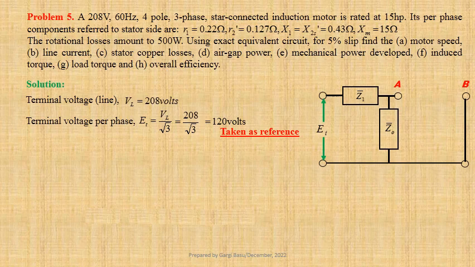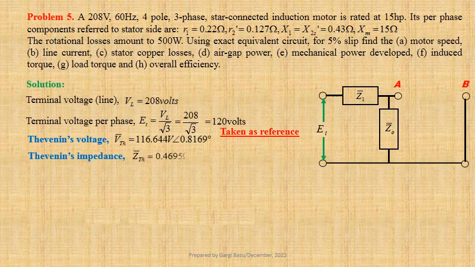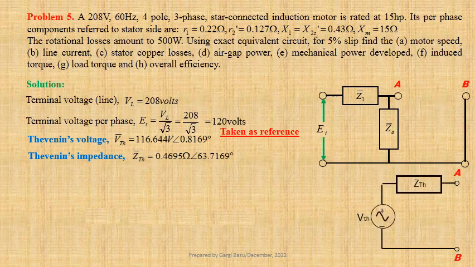We have obtained Thevenin's voltage Vth equals 116.644 volt at an angle 0.8169 degree, and Thevenin's impedance Zth equals 0.4695 ohm at an angle 63.7169 degree. Let us draw the Thevenin's equivalent circuit as seen from terminals A and B.